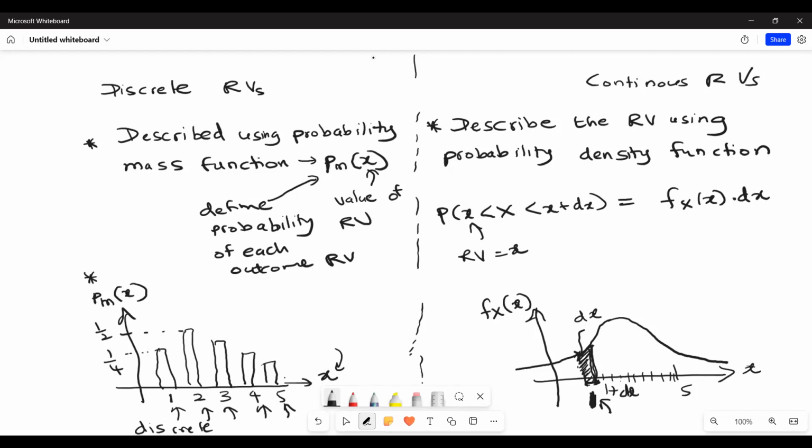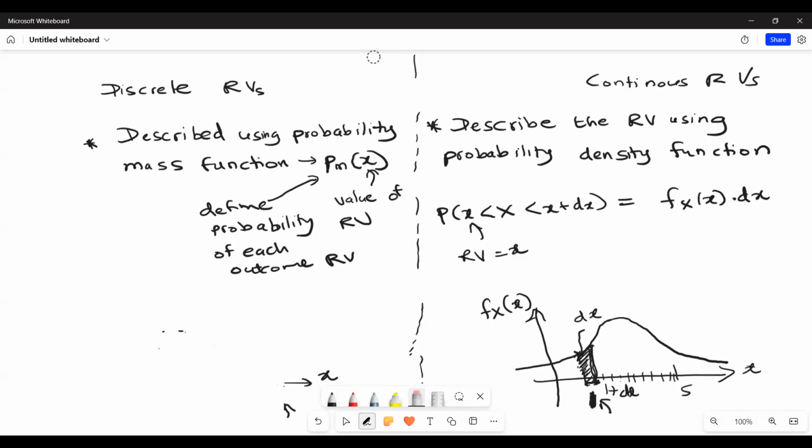So we talked about the probability mass function, and we talked about the probability density function. Another property associated with these functions is that the area under these functions is equal to 1. So basically, it is defined by two expressions. I will write those as well to complete this discussion about these random variables, right?